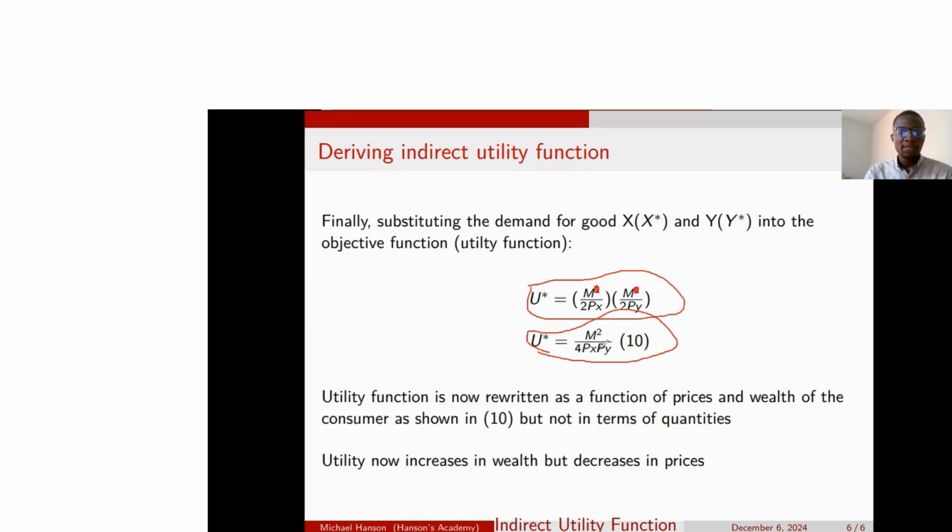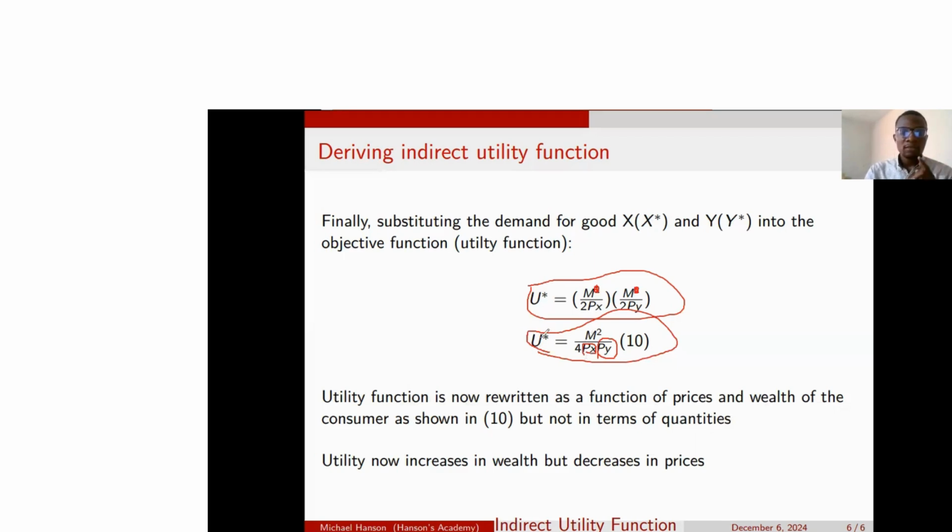By this, we can say that the consumer can maximize his total utility, which will now be dependent on the price of x as well as the price of y. These two are having negative effects on the total utility the consumer can achieve.